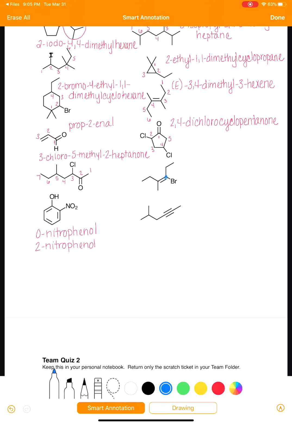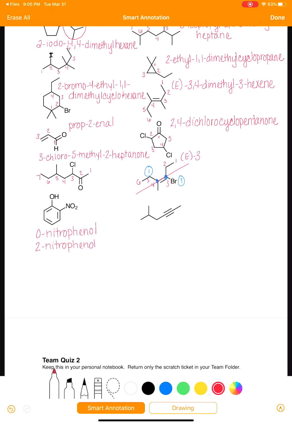So on this particular carbon, bromine is our high priority. On this carbon, the ethyl group is our high priority. So these substituents are not on the same side of the double bond. They're not on the same side, so this is an E. Let me put my numbers back. 1, 2, 3, 4, 5, 6.